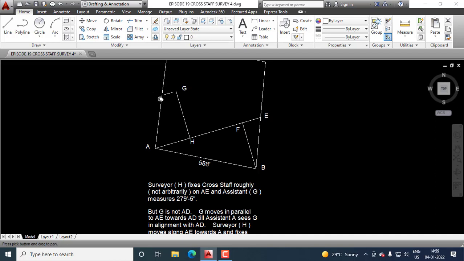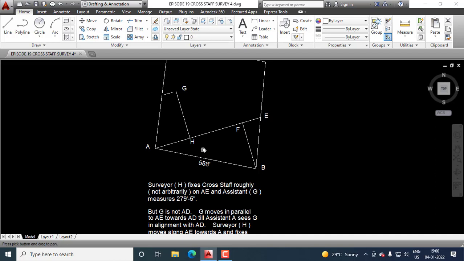G must be on AD. So G moves in parallel to AE this side. When G comes in line with AD, assistant A here says stop. Surveyor H also moves along this chain line towards A. He comes here and fixes the cross staff, but he must check HG again.